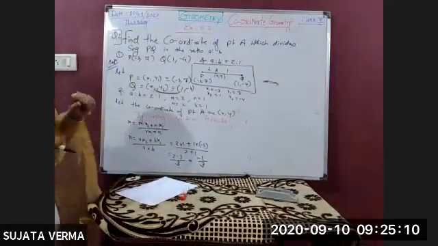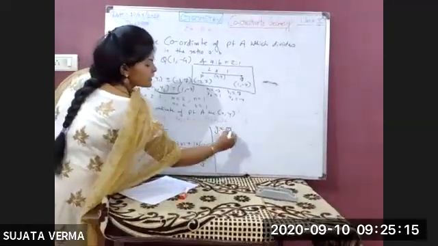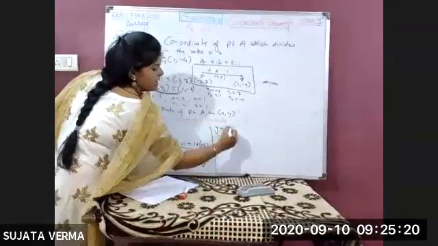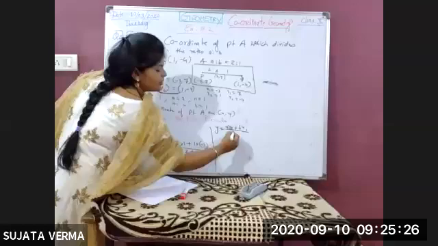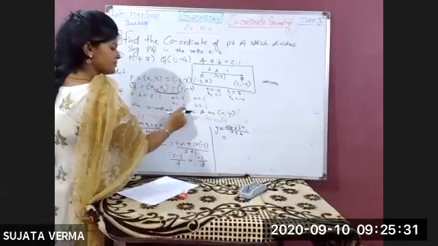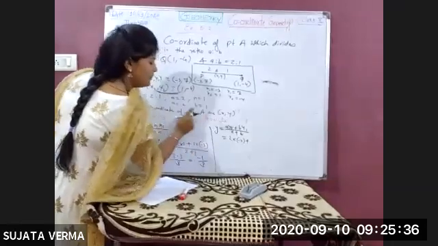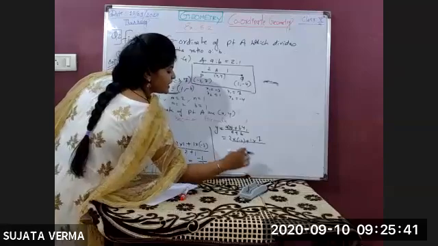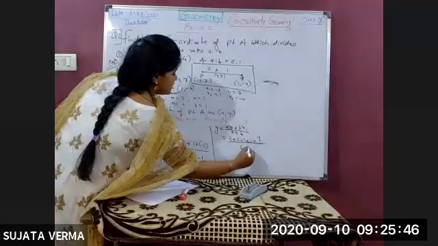So we get x is equal to -1 by 3. Similarly, we can also find the coordinate of y. So y is equal to, shall I directly write A here? Yes. A y2 plus B y1 upon A plus B. Now, A is 2, y2 is -4, plus B is 1, and y1 is 7, divided by 2 plus 1.